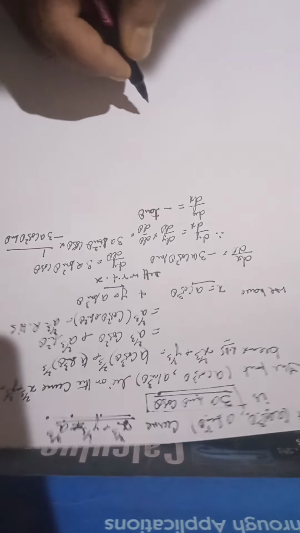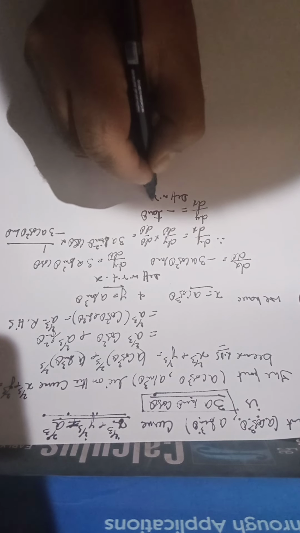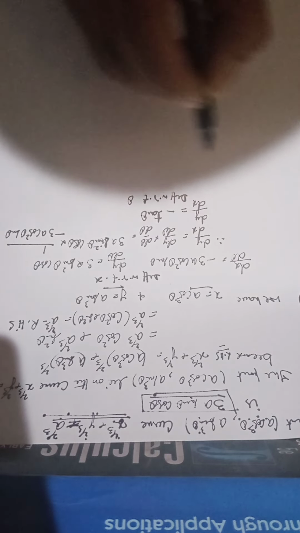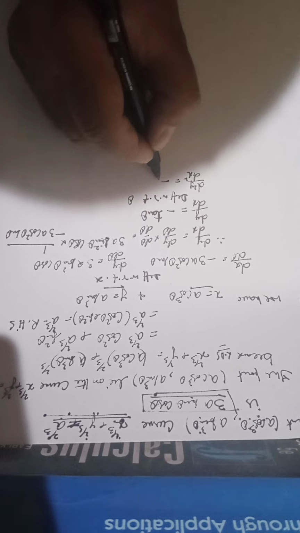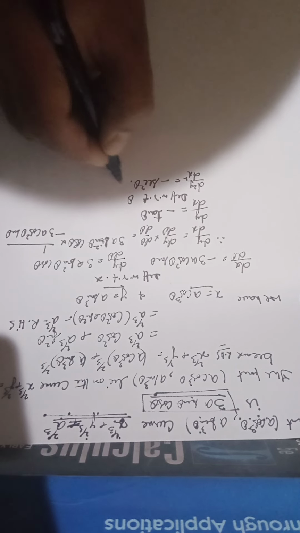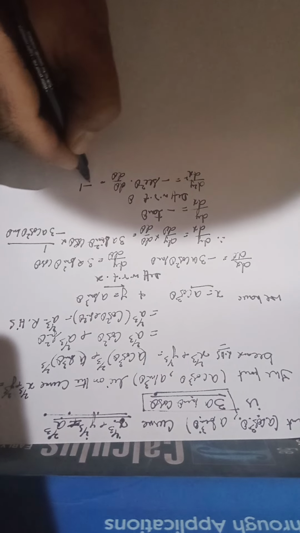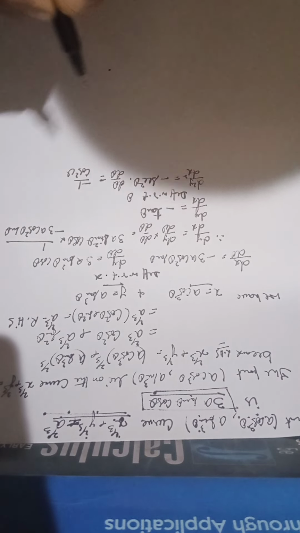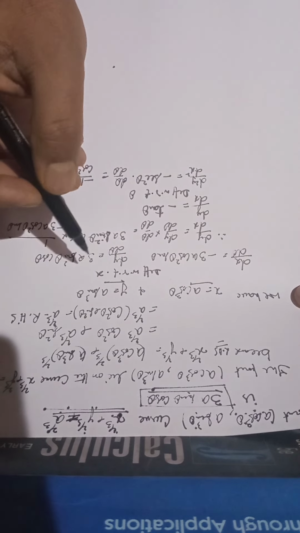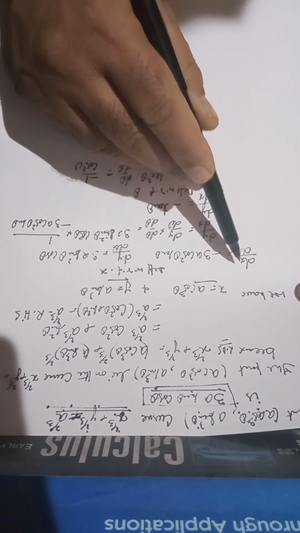This is your y1. Now let me differentiate again with respect to θ. I will get the second order derivative d²y/dx² equal to −sec² θ into dθ/dx.